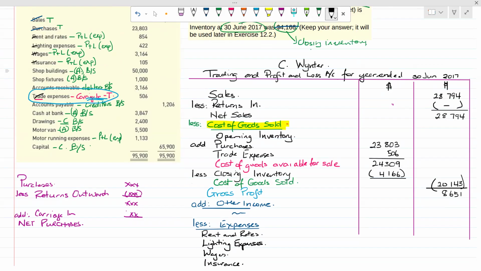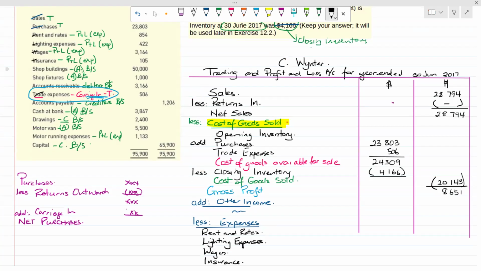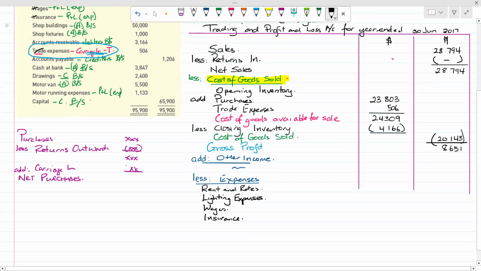This was the point I was making. Sometimes you'd realize, hey, I didn't use this figure, and you had to make your adjustment. Yeah? So we go now again. Last one is the motor running expenses. So that was the last expense that I need to use, right?